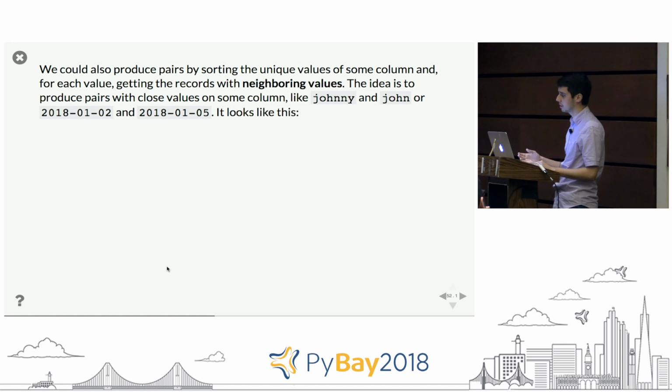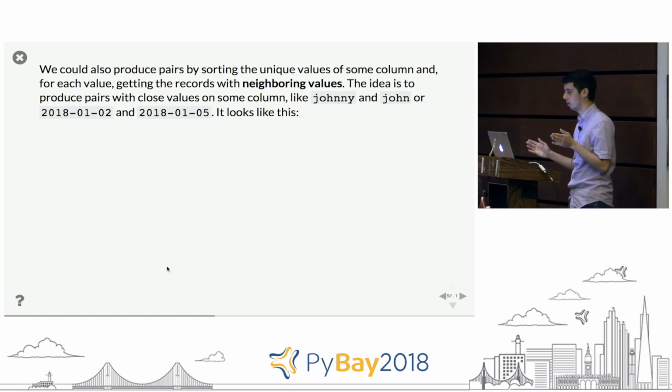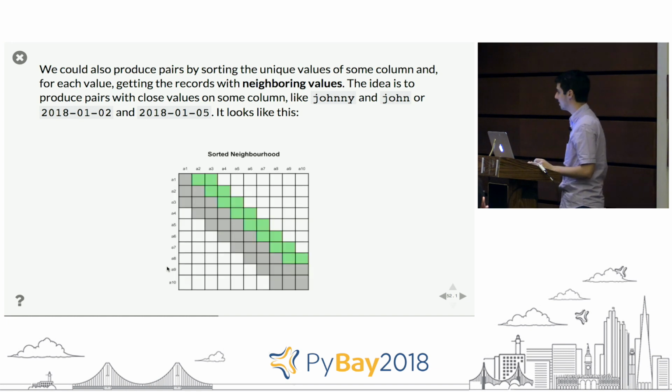We could also produce pairs by sorting the unique values on some column and getting the records with neighboring values. The idea is to produce pairs that are close on some value of some column, like Johnny and John, or some date and some date closer to it. It looks like this.